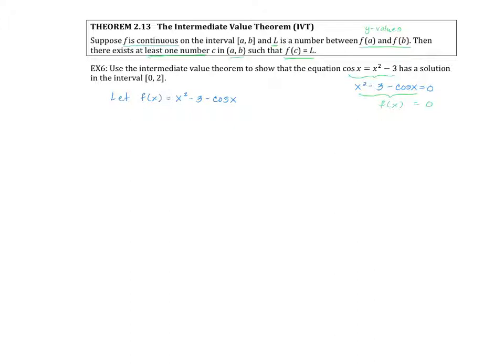So first of all, is this function continuous? To be able to use this theorem, it has to be continuous on AB. In our particular case, AB is 0, 2. And it is, but I have to make some sort of comment about that. First of all, notice that x squared minus 3, this is a polynomial.